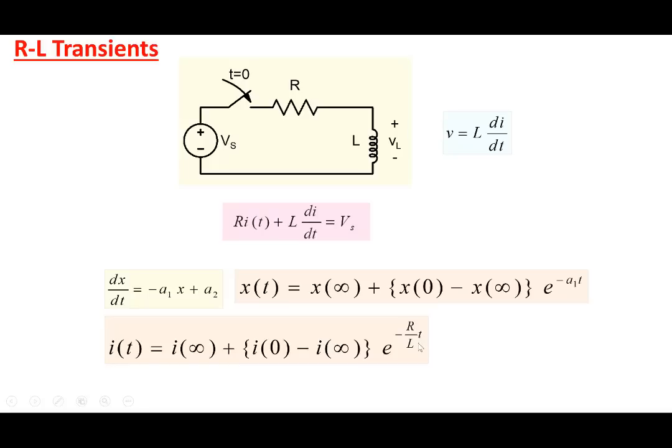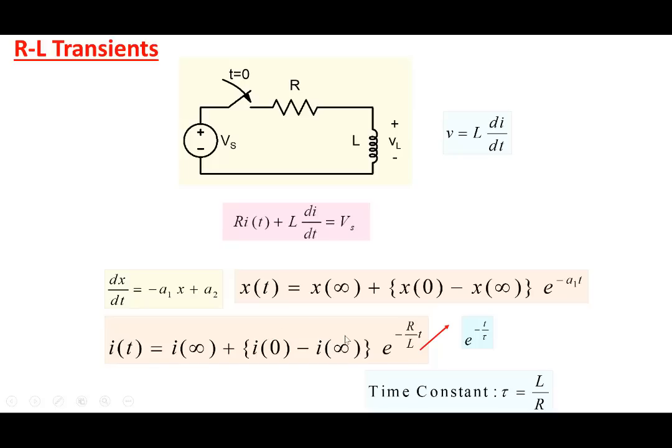Written as e to the power minus t by tau, the time constant here is L by R. In the capacitive circuit, the time constant was R multiplied by C. In this case, it is L divided by R. You can check from the units that these have the units of time.